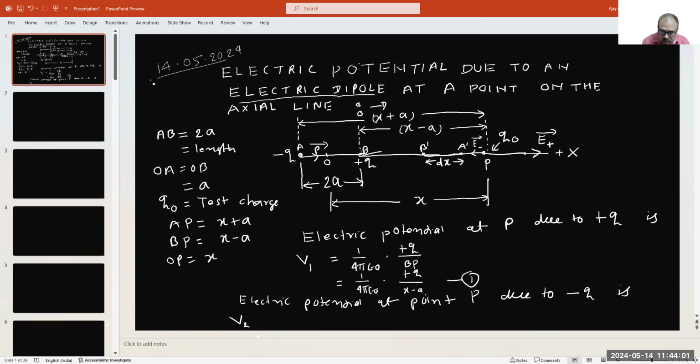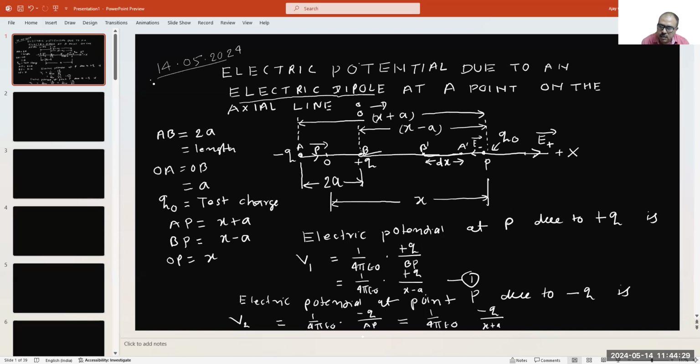So how to write V2? It is similarly written: 1 upon 4 pi epsilon naught, minus charge divided by the distance of the negative charge to the point P. It is AP. So we can finally write 1 upon 4 pi epsilon naught, negative charge upon x plus a.